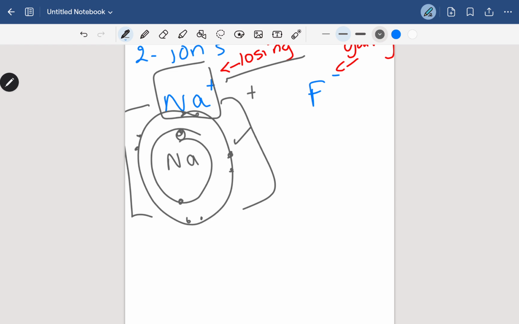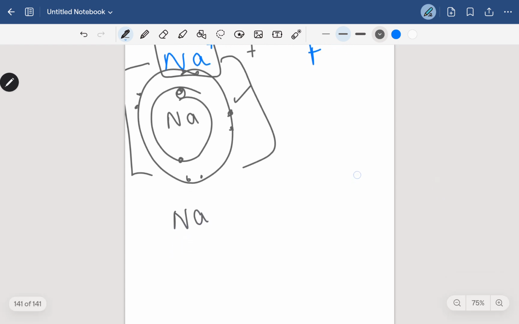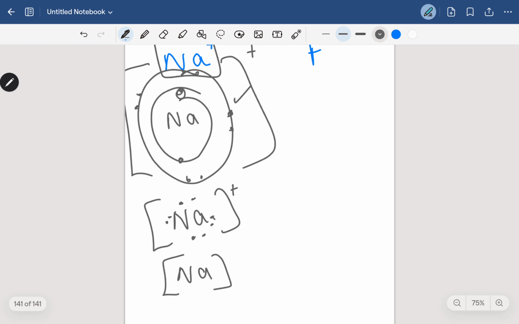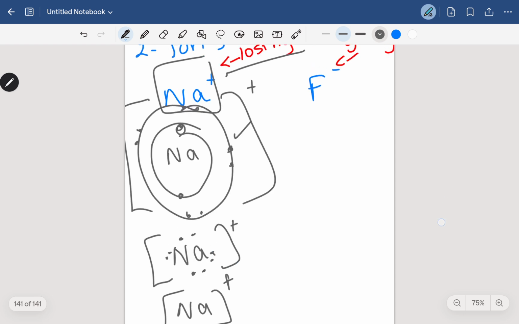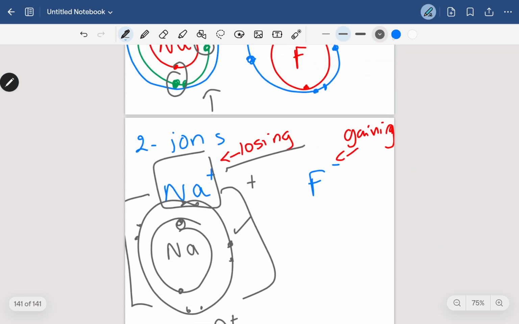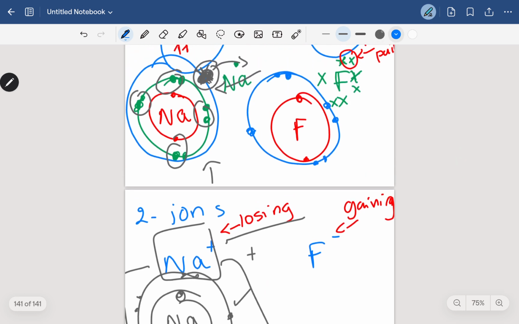Another way of representing it is that we only draw the valence electrons, 1, 2, 3, 4, 5, 6, 7, 8, and then we put a plus. Or very simply, because it's a cation, pay attention, only because it is a cation, we can remove the valence electrons and just have Na plus.